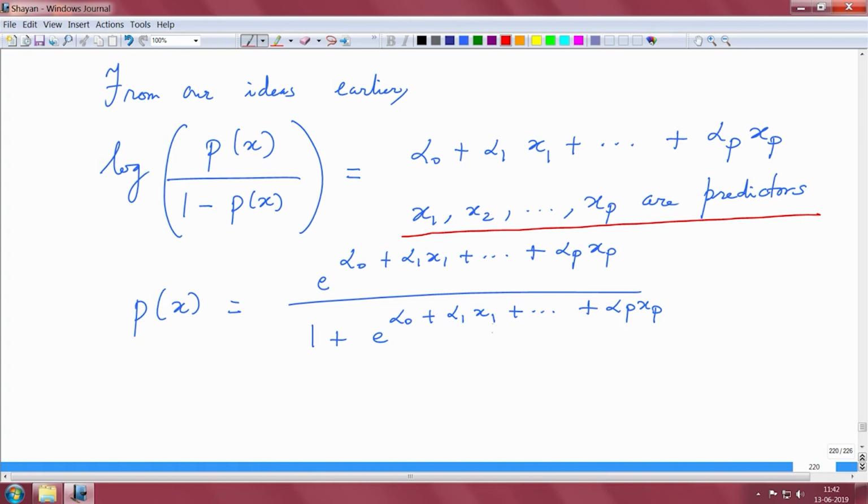It is a ratio of two terms, e power alpha naught plus alpha 1 x1 plus dot dot dot alpha p xp upon 1 plus exponential alpha naught plus alpha 1 x1 plus dot dot dot plus alpha p xp. This is what we have.